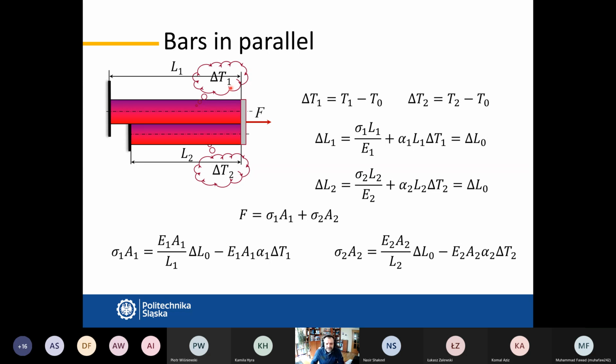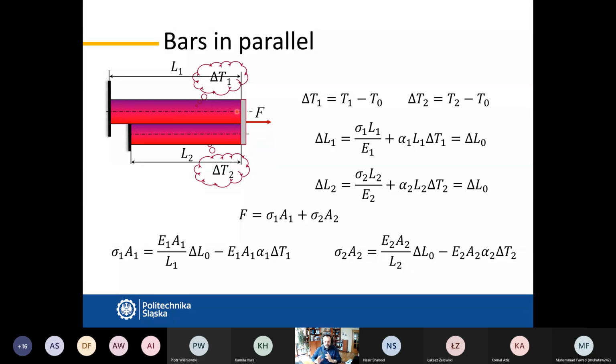Let's assume that they are heated up. If the upper one would be heated more than the lower, it would try to pull the lower one. So we'll try to put in tension the lower one. On the other hand, the lower one, due to lower deformation, would somehow constrain the elongations of the first one.